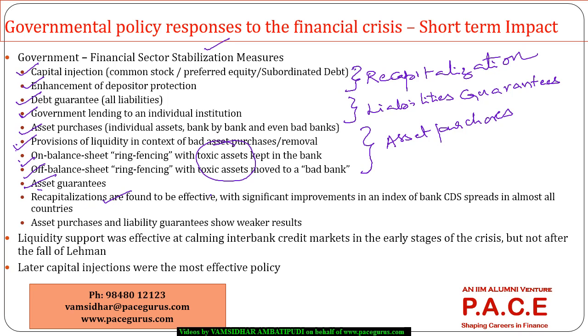We see that the recapitalizations were effective, especially the capital that they have injected. So there were significant improvements in the index of bank CDS spreads in almost all countries.